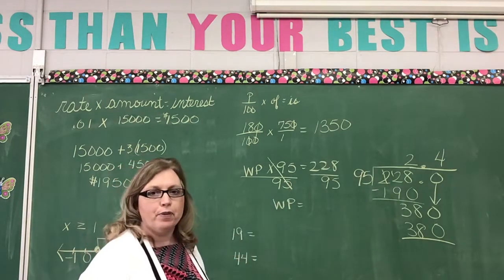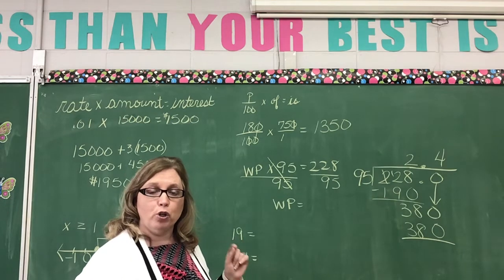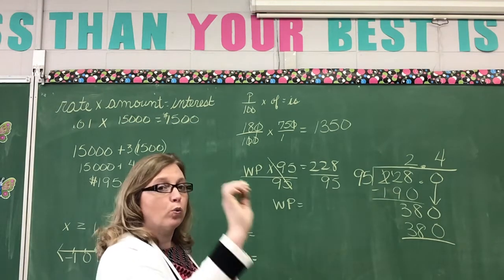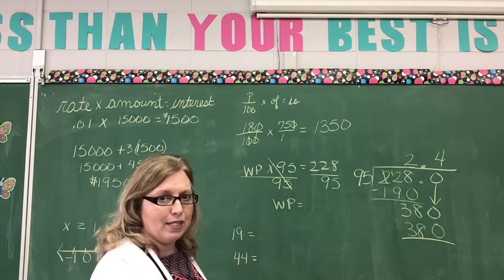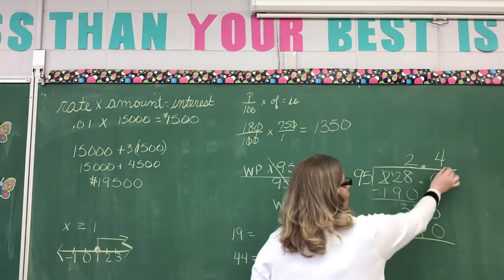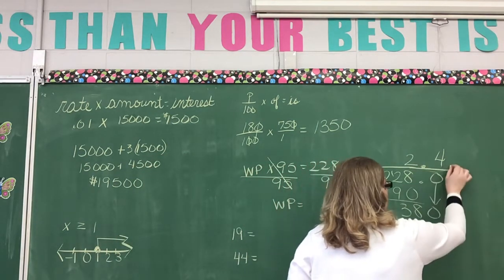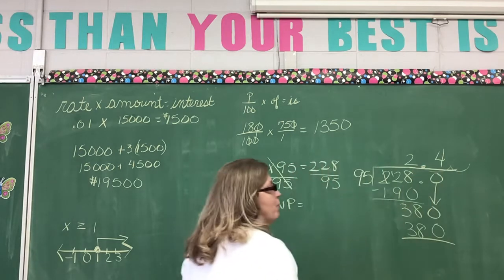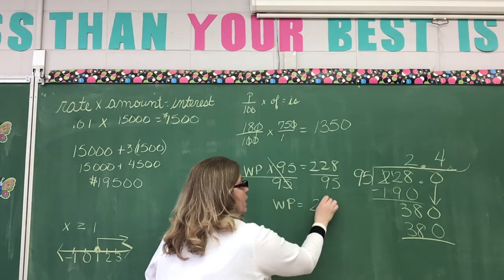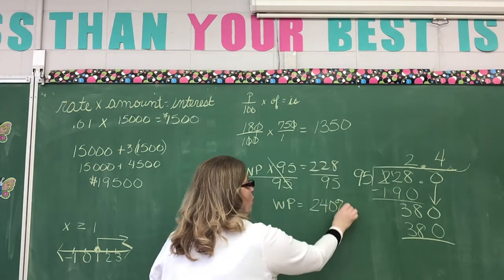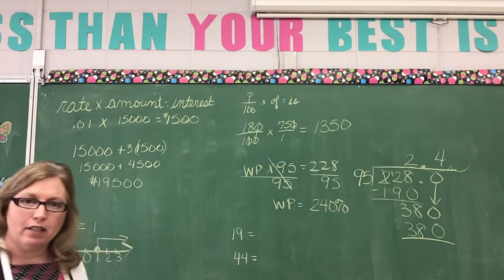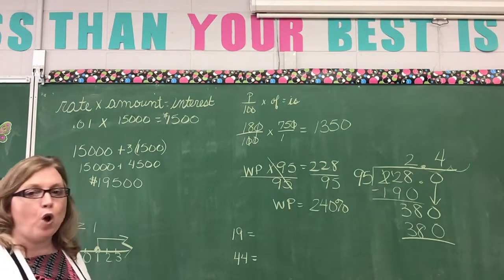Move your decimal 2 places to the right and add your percent sign. So we're going to go 1 and then 1, 2, and add my percent sign. So my answer is 240%.